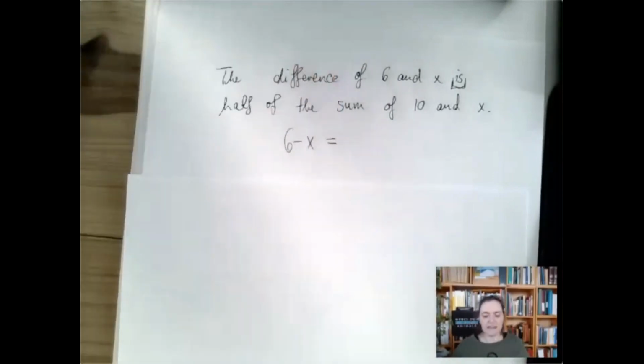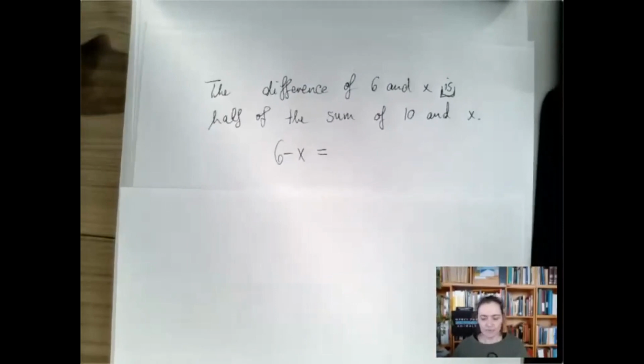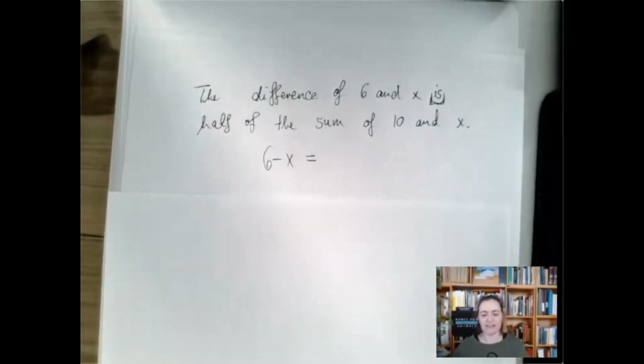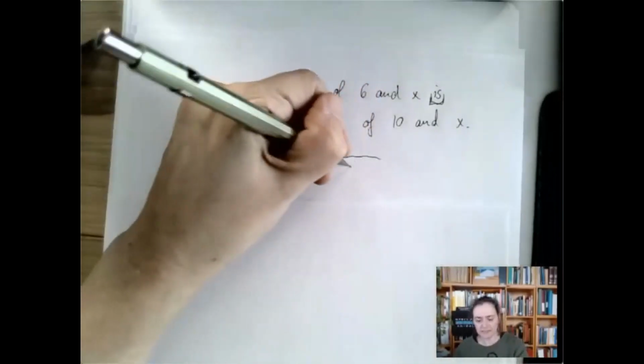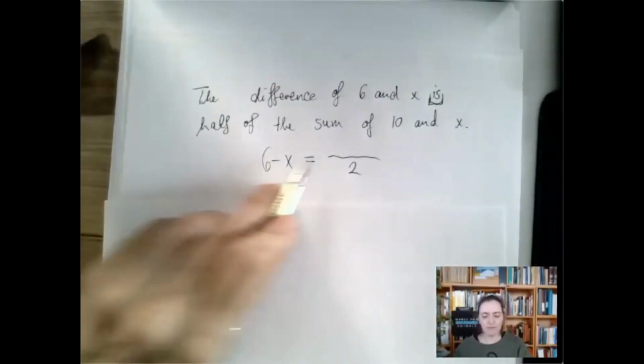That's the equal sign. And then what is half of the sum of 10 and x? Half of the sum of 10 and x. The perfect answer is in the chat box. Good. So half of looks like this. And then half of what? Half of the sum.